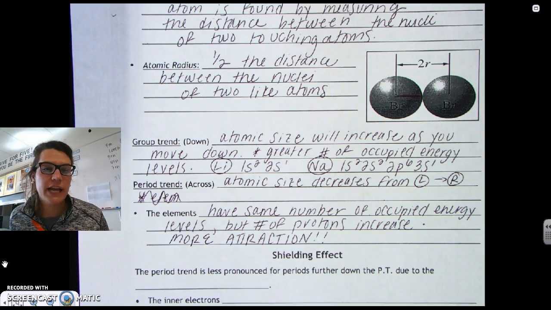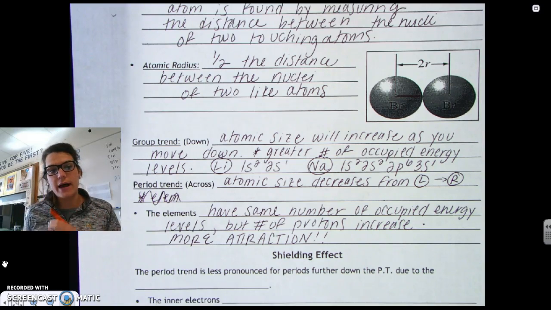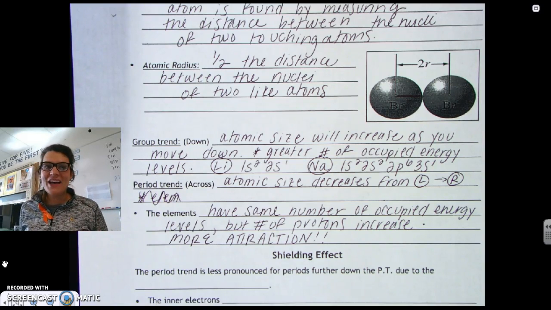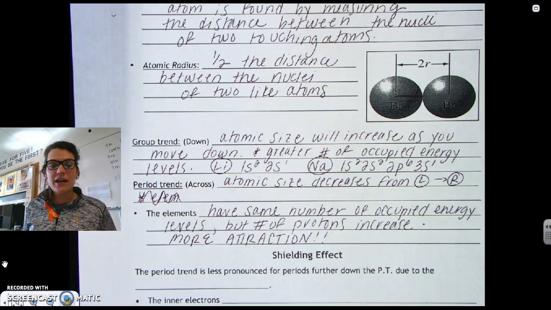And that's actually how we measure the size of atoms. Now, I can only do that if the atom is the same, right? Because if I'm finding the distance between two different nucleuses, or nuclei, sorry, that's the word, nuclei, I'm not going to be able to find an accurate radii because the r is not similar. Therefore, I'm changing the variable.